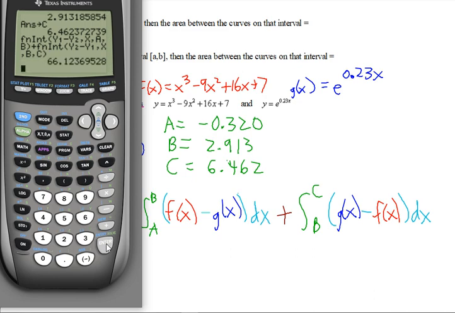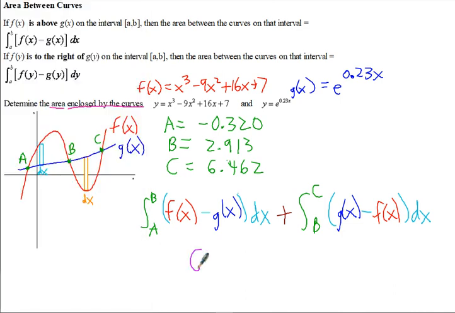So we get 66.124. Now you don't have to put the units because they're not specified, but it is area, so it would be units squared.